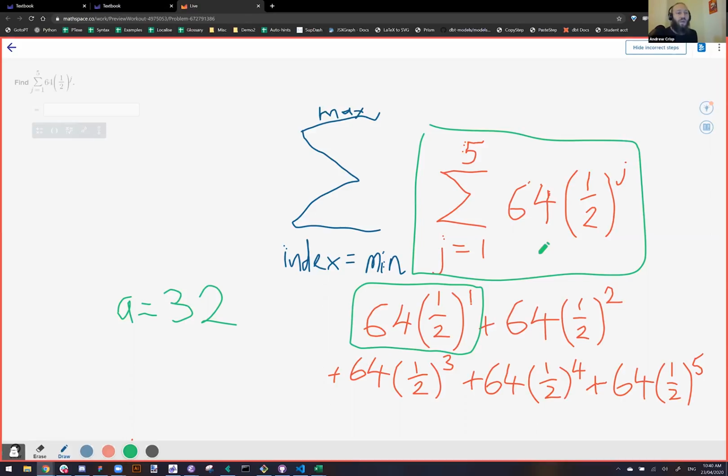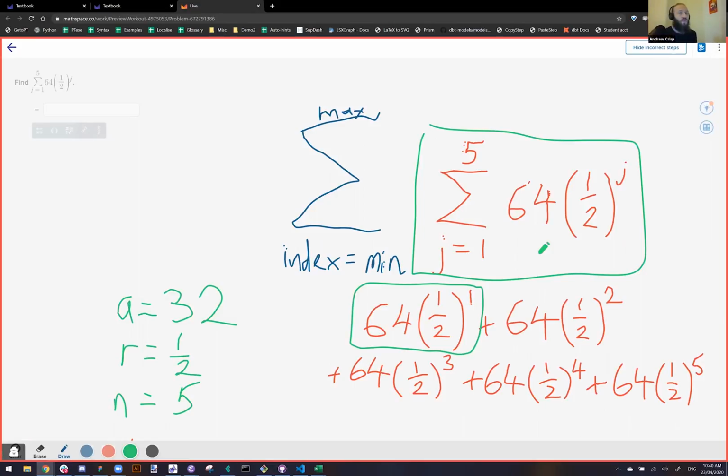Then we say, what's our R? R is the value we multiply to get from one term in the sequence to the next, and that's a half. And N, the number of terms in the sequence. In this case, that's 5. Okay. So A, R, and N, we found them all.